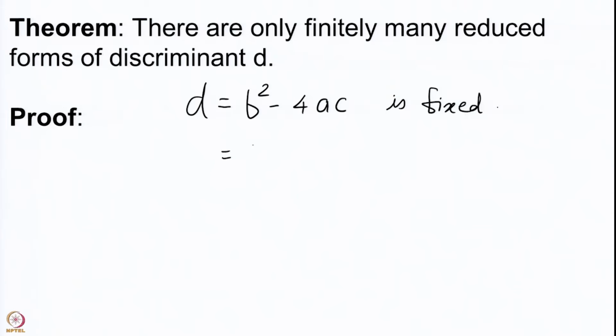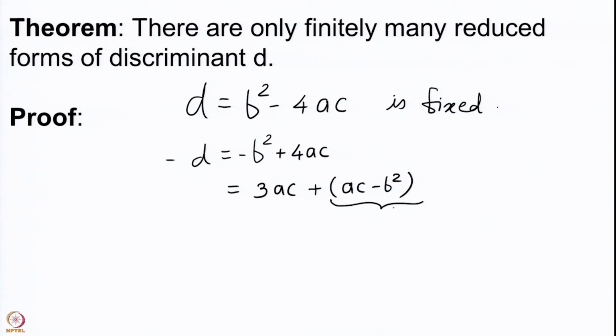Now, we write it as, so we have of course minus D, which is minus B square plus 4AC, and here if I take 3AC out, then we have minus D, which is now a positive quantity. We are starting with positive definite forms. So, D is negative, minus D is positive. Minus D is 3AC plus AC minus B square. This quantity is bigger than or equal to 0.